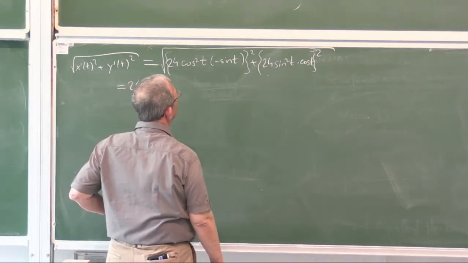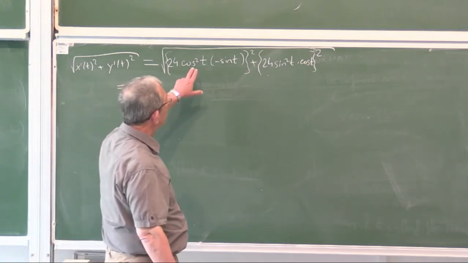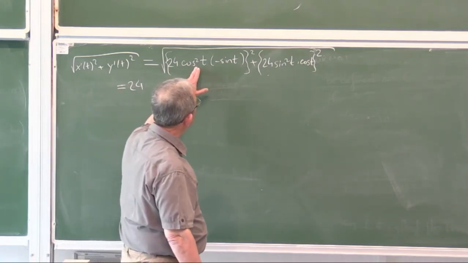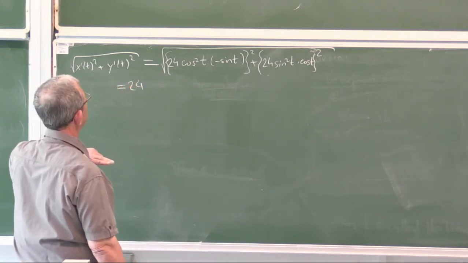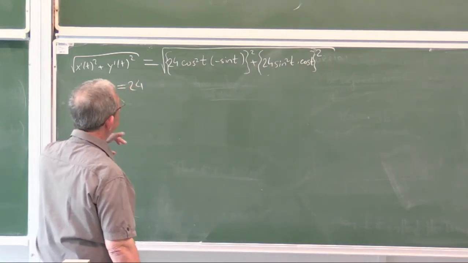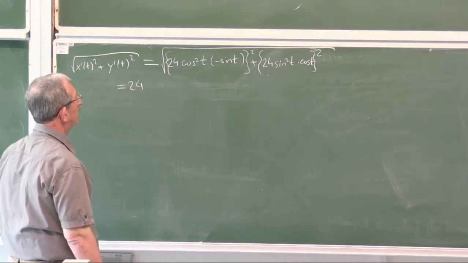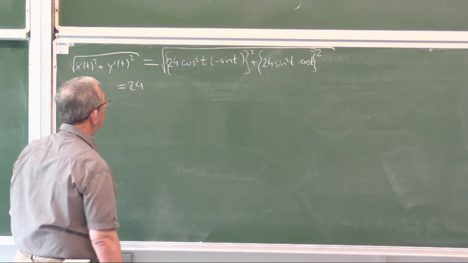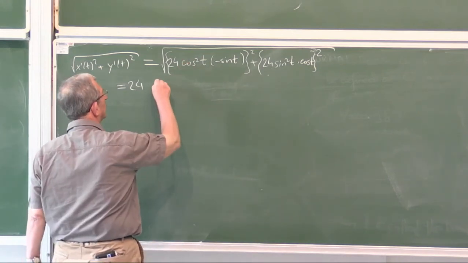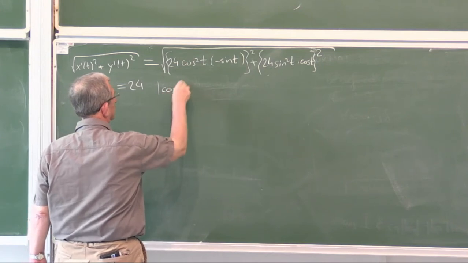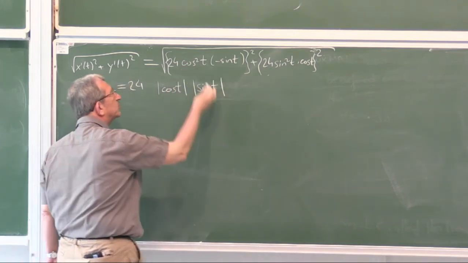You have cosine square and you have sine square in both cases. So take one cosine square, you have the square root, so it's absolute cosine t, absolute sine t. They will get inside as squares.